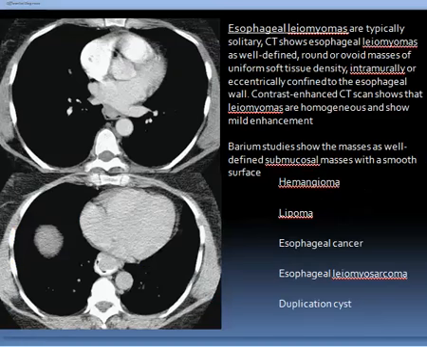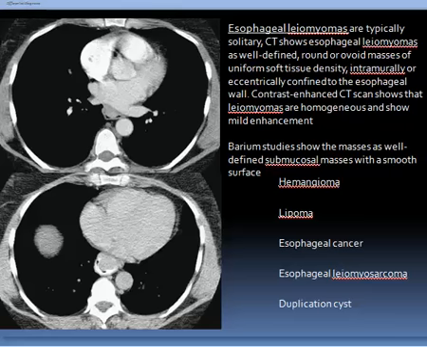Esophageal leiomyomas are typically solitary, and the CT shows them as well-defined round or ovoid masses of uniform soft tissue. This is the one here. They are either intramural or eccentric, confined to the esophageal wall.